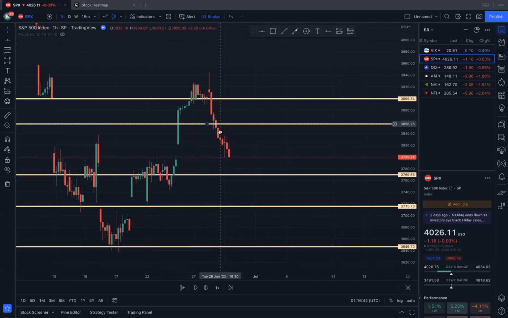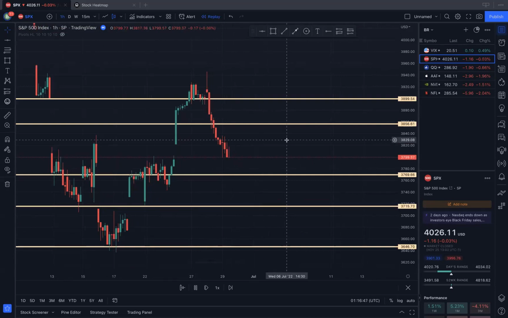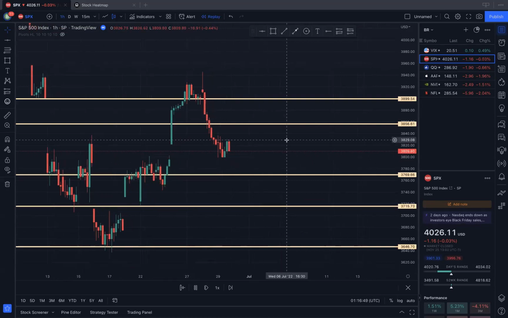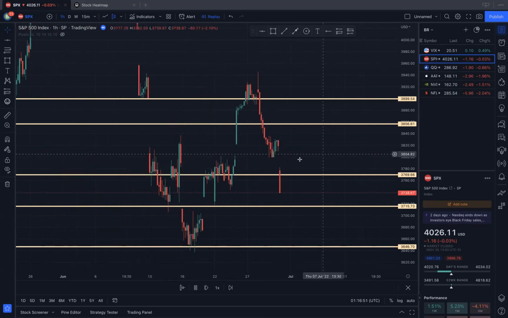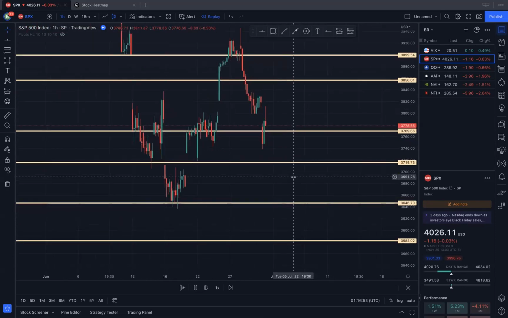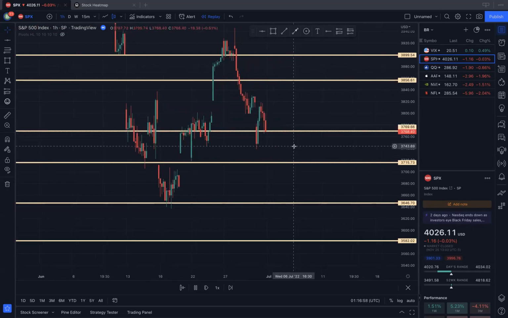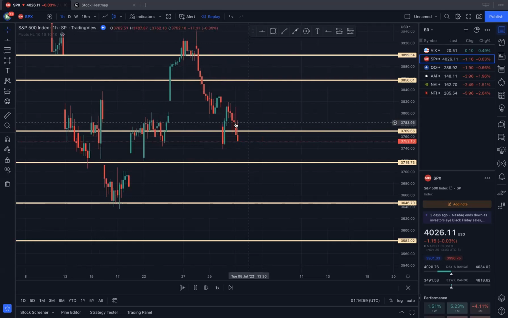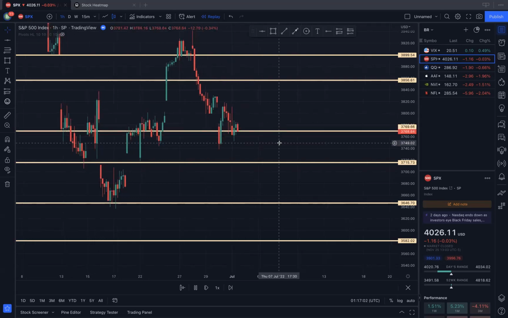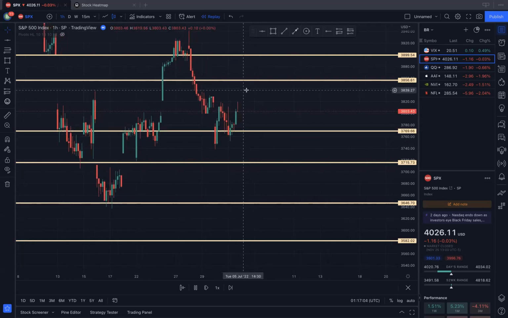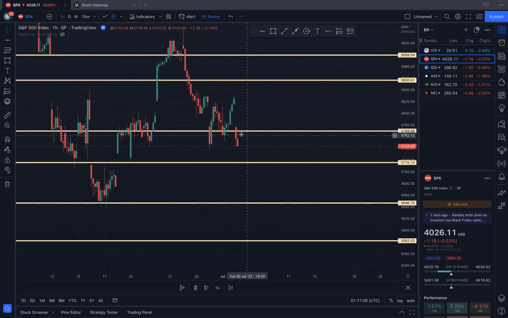Okay, now notice we broke support, continued to break down. Couldn't break below that level. See how we had two significant wicks right there. Now we're holding still. Boom, we're having to move up. Gap down.